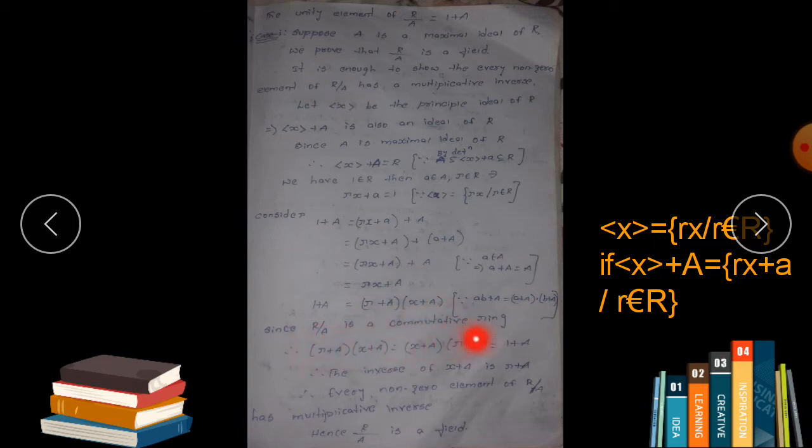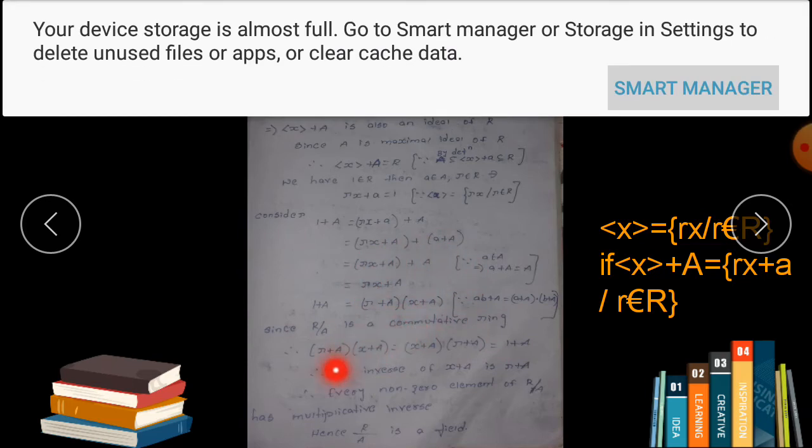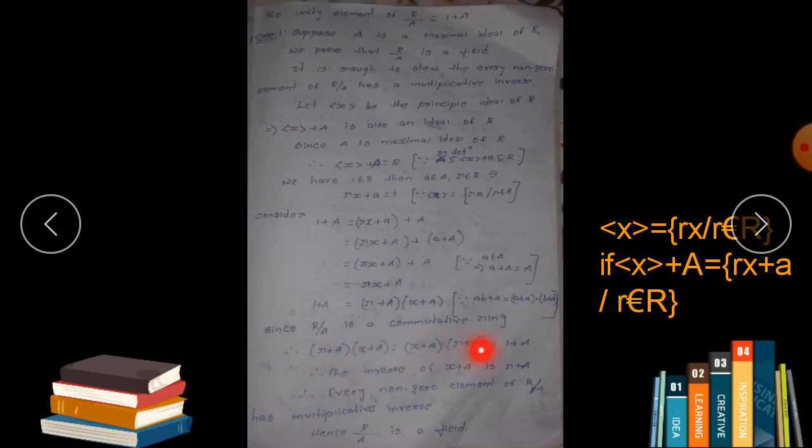Since R/A is a commutative ring, you can write this in reverse order. Therefore (r + A)(x + A) = (x + A)(r + A) = the identity element. Comparing this with the inverse property, the inverse of x + A is r + A. Therefore R/A has a multiplicative inverse, hence R/A is a field.